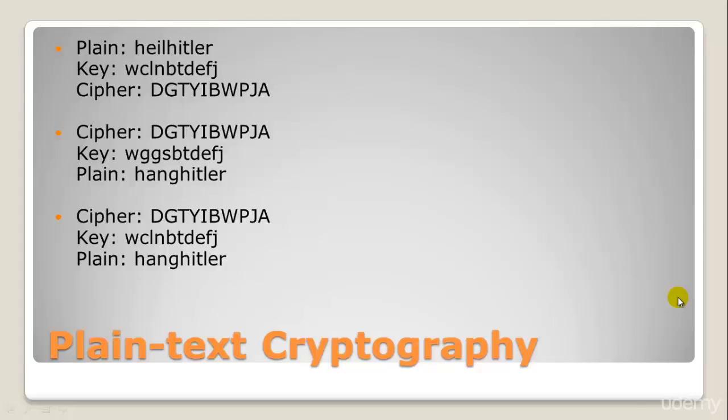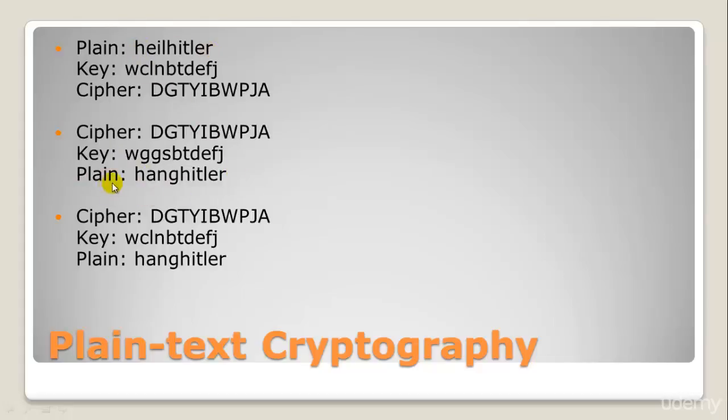This is how people used to send messages in the previous days. This was the plain text cipher, and this was the key when it was decrypted. This was the exact cipher that came out when it was encrypted. Again, when this key was used, you can see that the key is different, and the plain text was exactly the opposite.